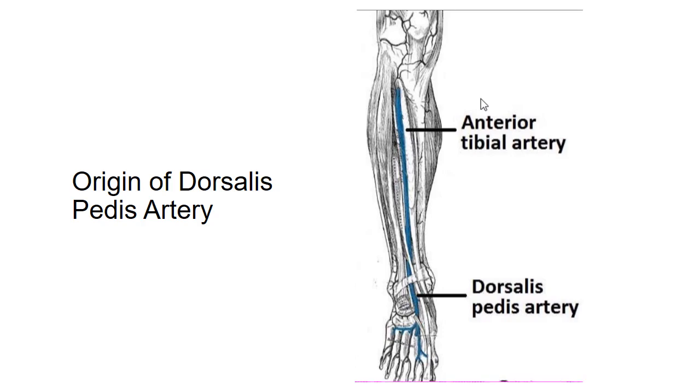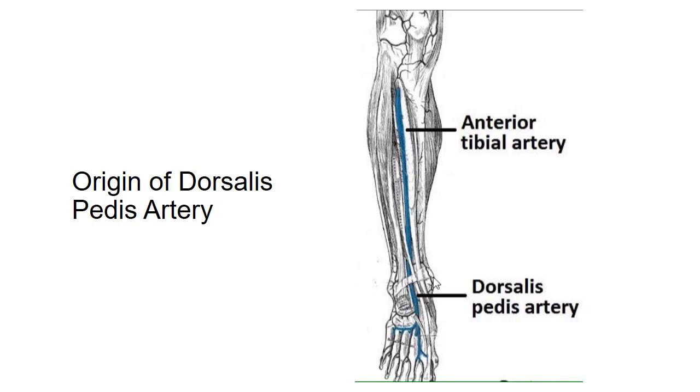In the popliteal fossa, the popliteal artery divides into two branches, which are the anterior tibial artery and the posterior tibial artery. The anterior tibial artery then enters the anterior compartment of the leg by passing through an opening in the upper part of the interosseous membrane. It then runs vertically downwards in the anterior compartment up to the point midway between the two malleoli.